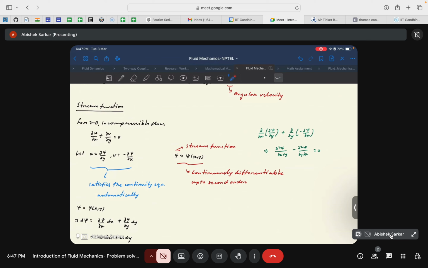So now we will start the final part of today's discussion, that is stream function and the velocity potential. And just for you to know, these discussions are very limited, in the sense that the major half of our discussion I try to dedicate to the problem solving part, like what are the things that you need to know to solve problems that will be asked in your assignment and in your exam.